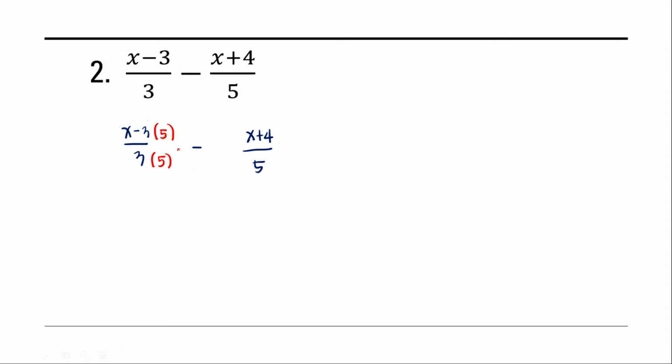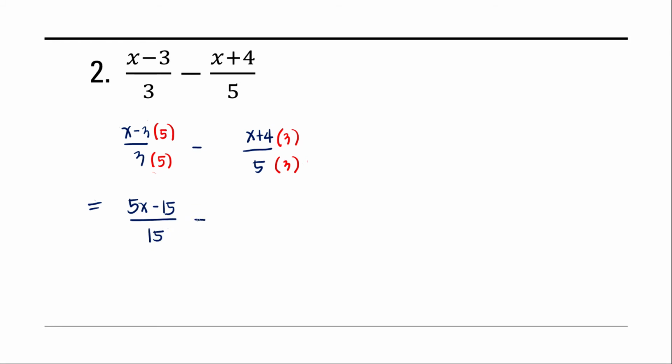Yung pangalawang fraction naman, i-multiply natin siya sa denominator ng unang fraction, which is 3. So, that is times 3 sa numerator and times 3 dun sa denominator. We now have x minus 3 times 5 will give us 5x minus 15. The denominator is now 15.